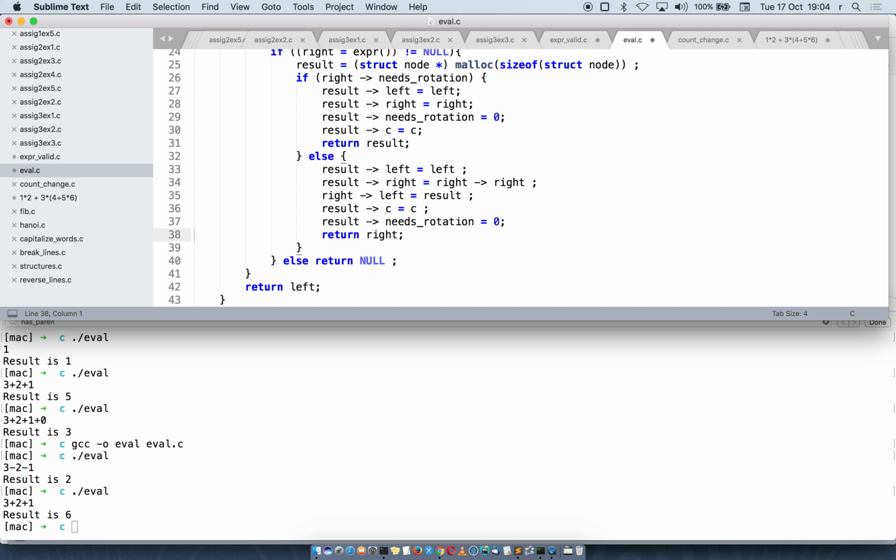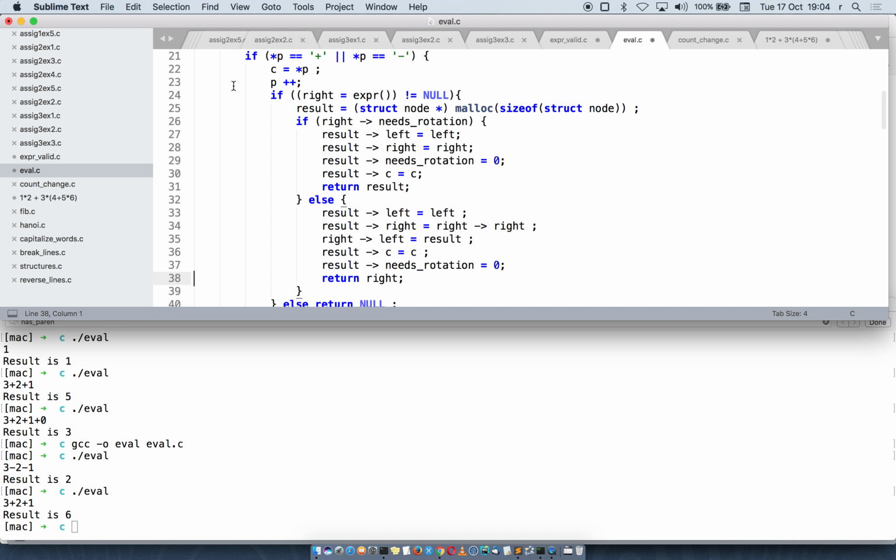So again, let's go again. So we get right and left and right. So result dot left, in this case, result dot left would be 3, right?